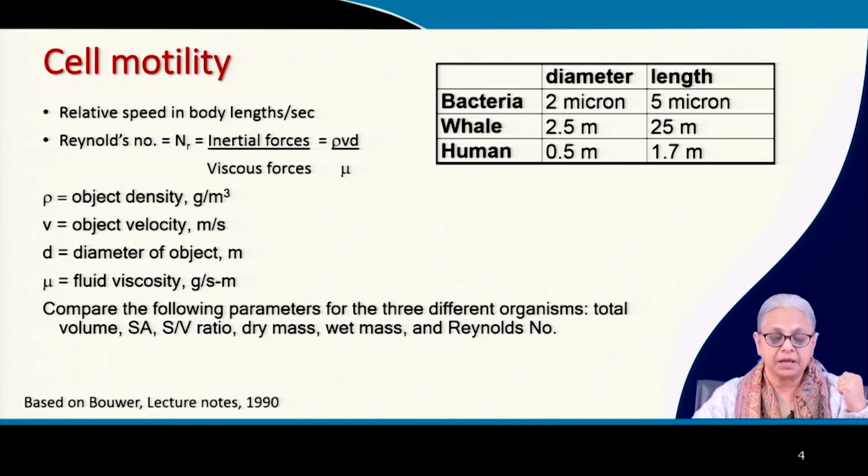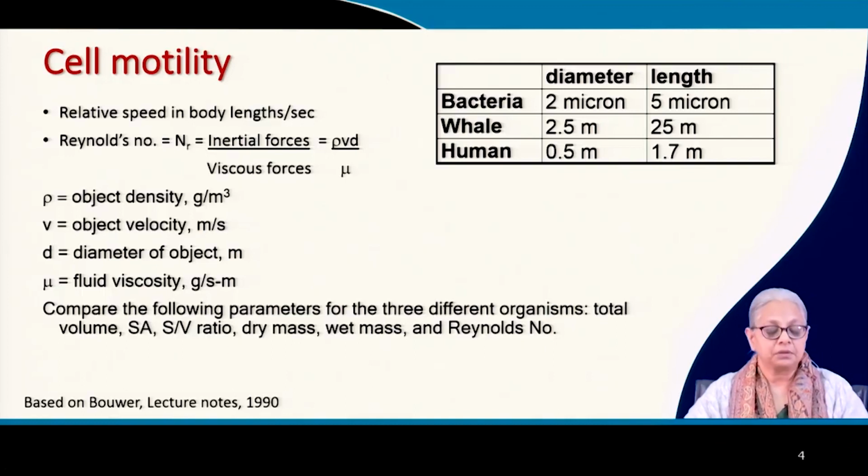The next parameter that we're calculating is based on Reynolds number. Those of you who are from civil engineering or any of the other engineering branches may know about Reynolds number. It is abbreviated as Re or NR, depending on what source you're looking at.